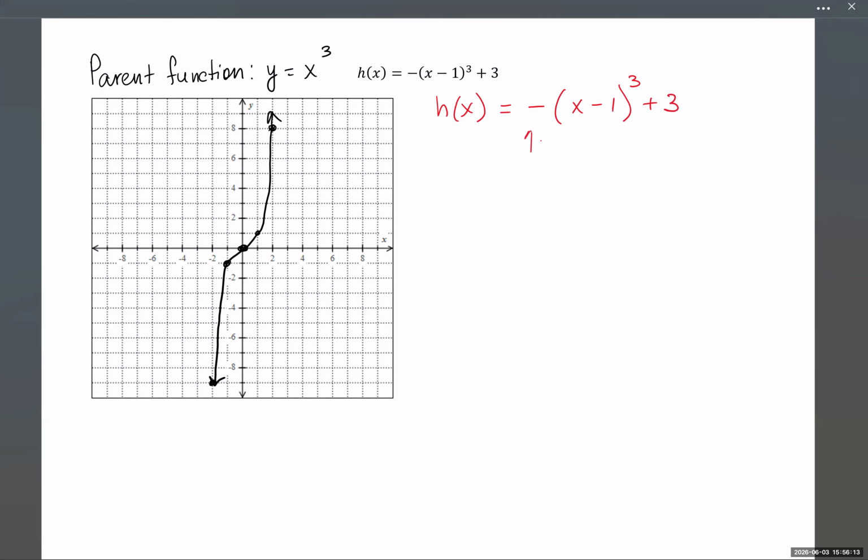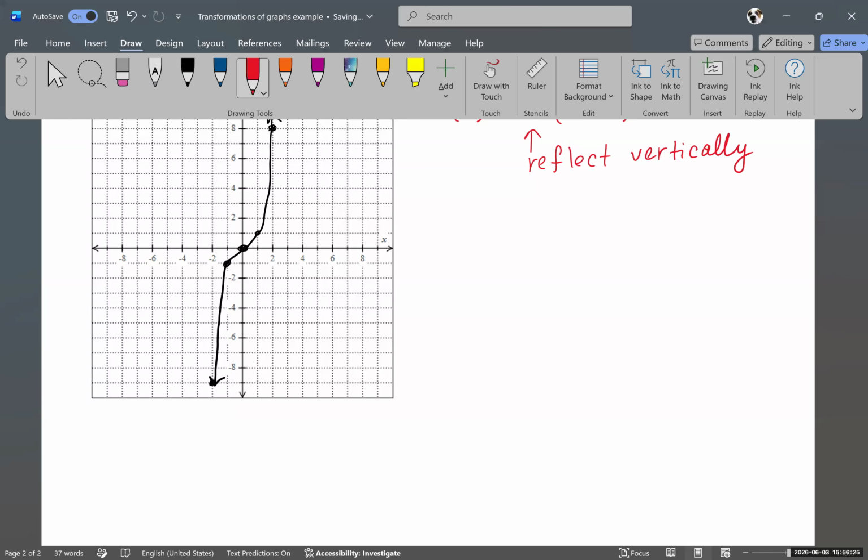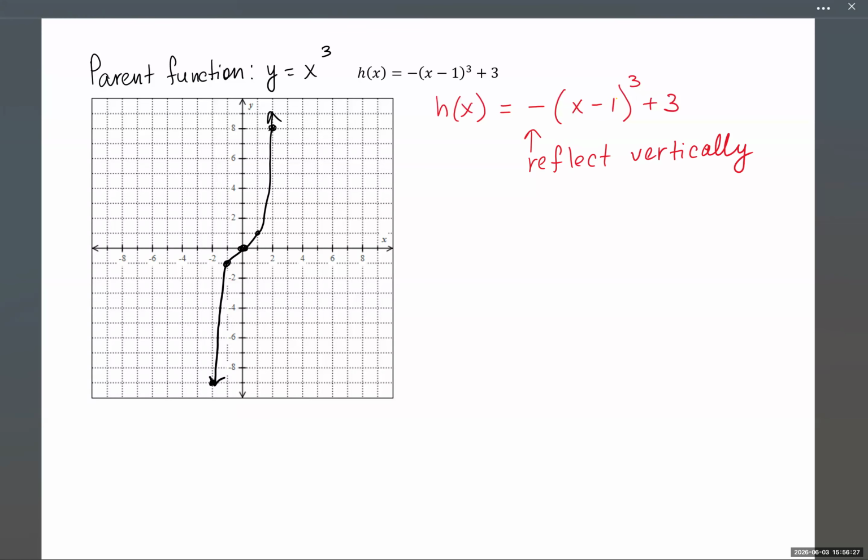So this negative means a reflection vertically. Then the 1 next to the x, that is a shift to the right. It's a positive 1.